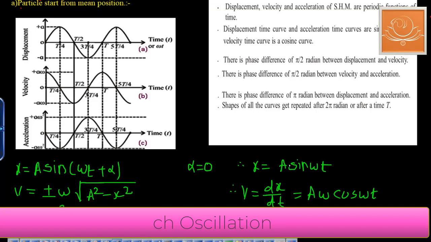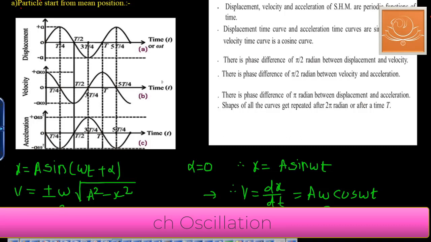And for acceleration, we take the derivative of the velocity, dv by dt, which is equal to minus a omega square into sine of omega t, taking the derivative of the velocity v equal to a omega cos omega t.